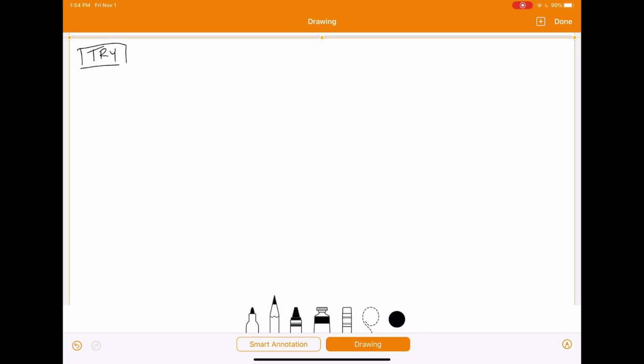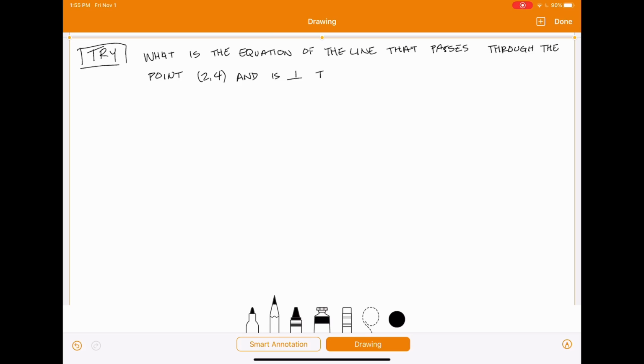So try, let's see. What is the equation of the line that passes through the point 2, 4 and is perpendicular to y equals 5x plus 6.